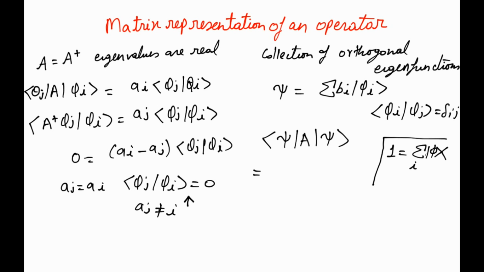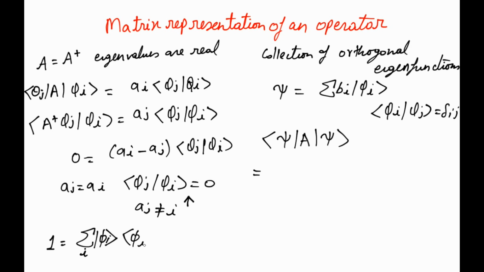Well, looks like I have run out of space, so let me write it someplace else. The unity operator is the sum over i of phi i phi i. This is the unity operator, and we can put in the unity operator in both these places.